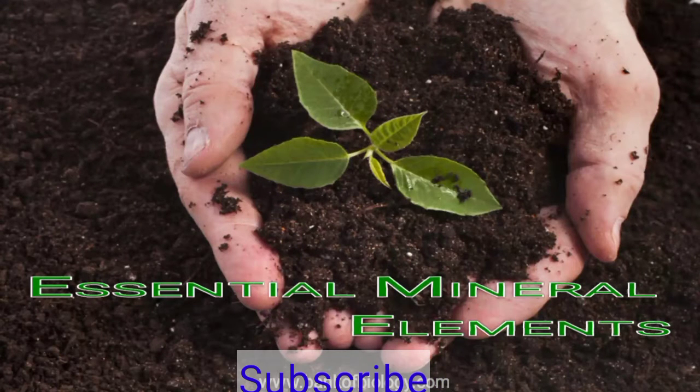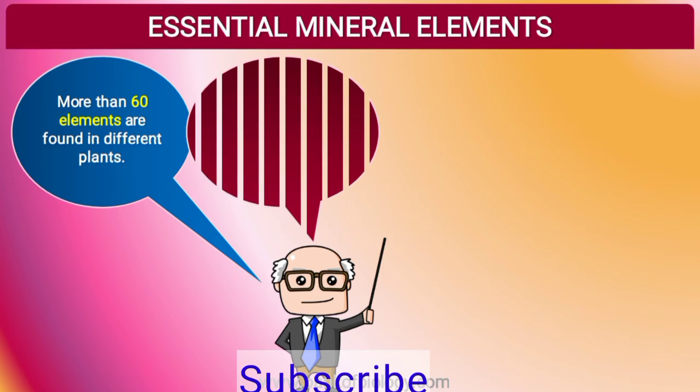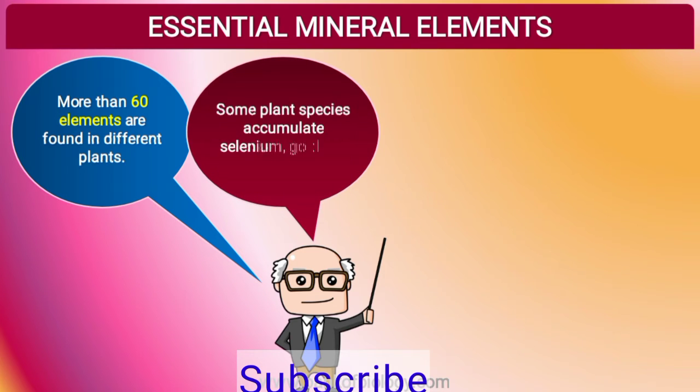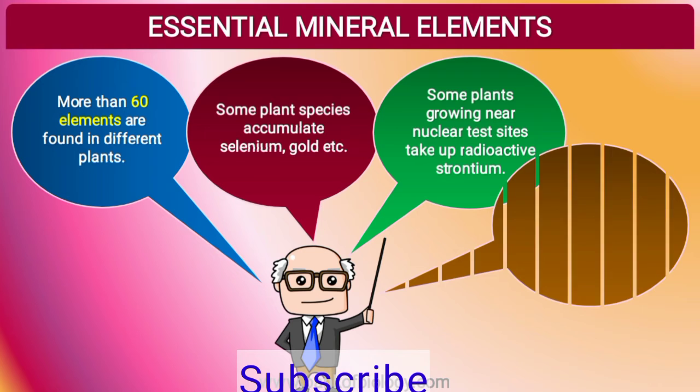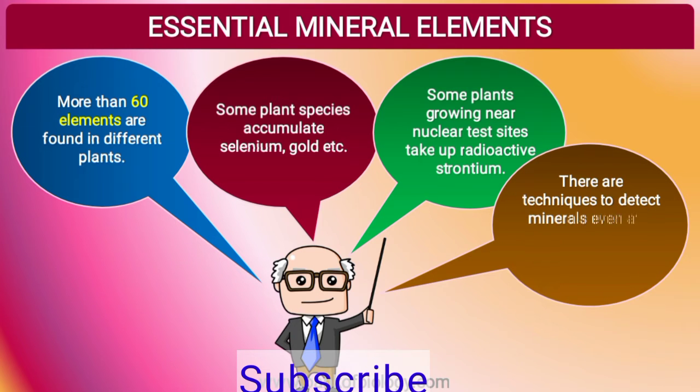Essential mineral elements, we are going to look at them first, and then we will look at the non-essential minerals. Essential mineral elements are more than 60, which are found in different plants. Some plant species accumulate or store selenium, gold, etc. Some plants growing near nuclear test sites take up radioactive elements like strontium, barium, radon.